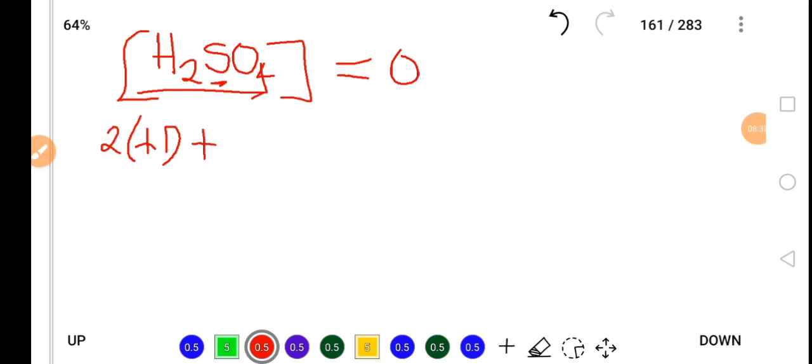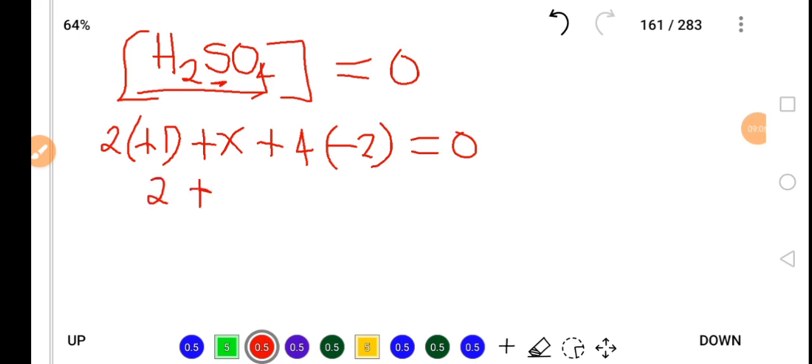Sulfur is what we are looking for. We are going to put X. We have plus, we have 4 oxygen atoms times the charge of oxygen in this compound, which is -2, equals 0. So 2 times +1 gives us 2, plus X, minus 8 equals 0.